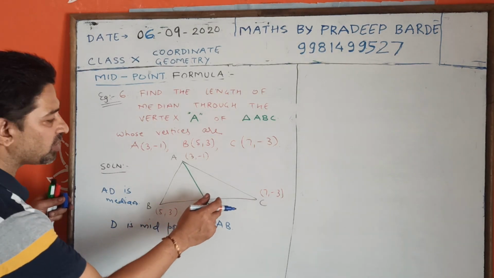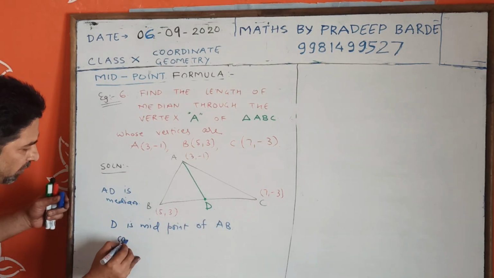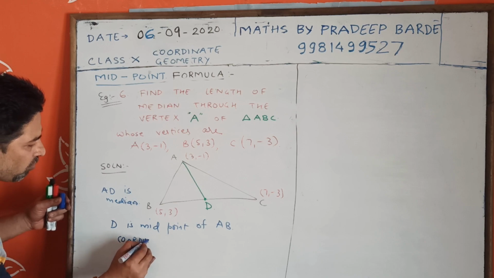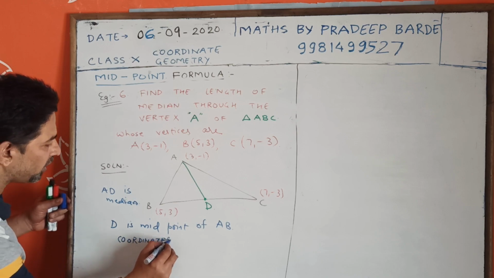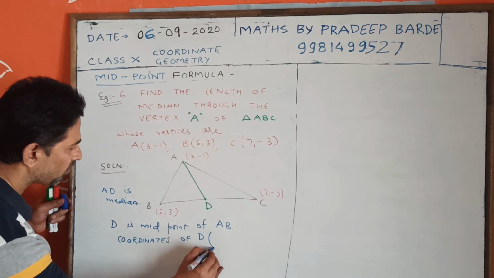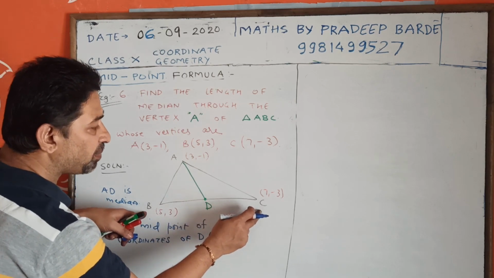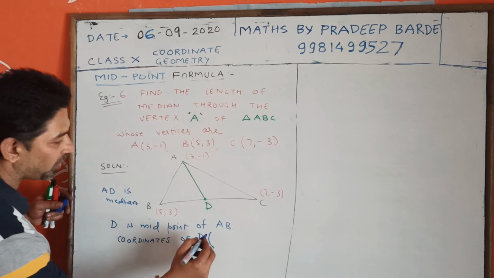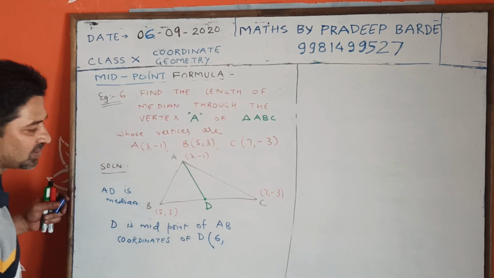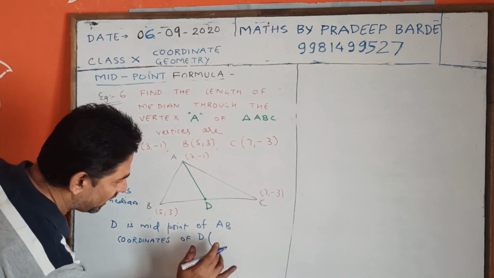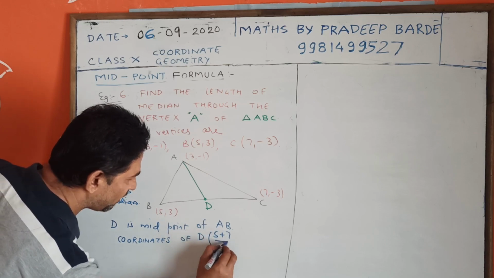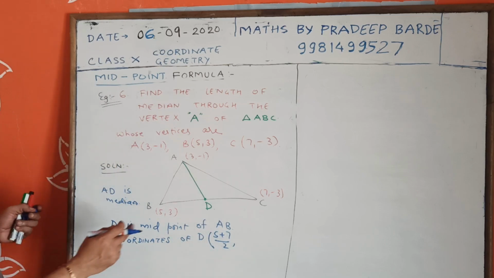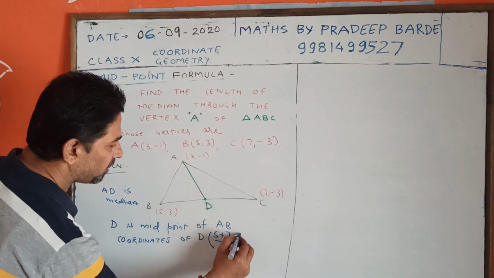Let's find out the coordinates of D. Midpoint formula लगेगा बच्चों. Coordinates of D. BC का midpoint है (5 plus 7)/2, 12/2, 6. 6 कैसे आया? (5 plus 7)/2, and (3 minus 3)/2.